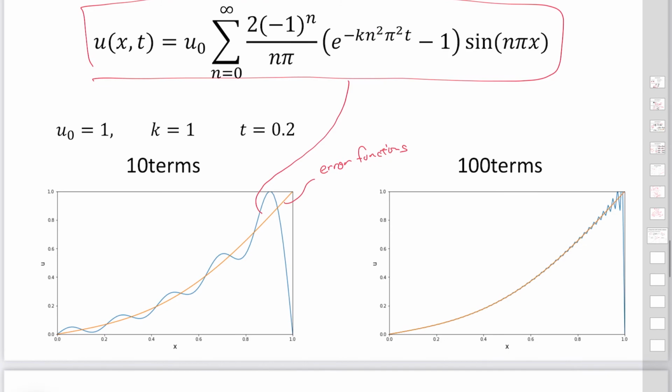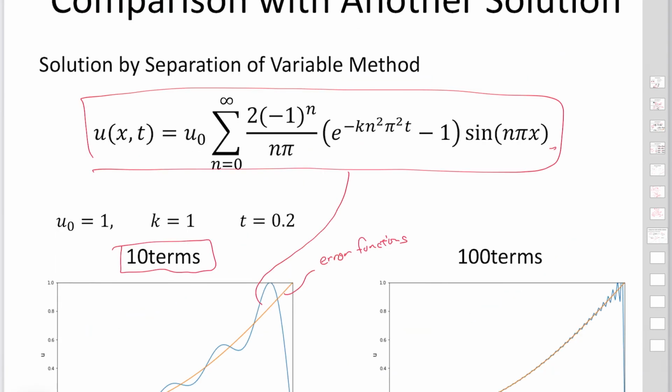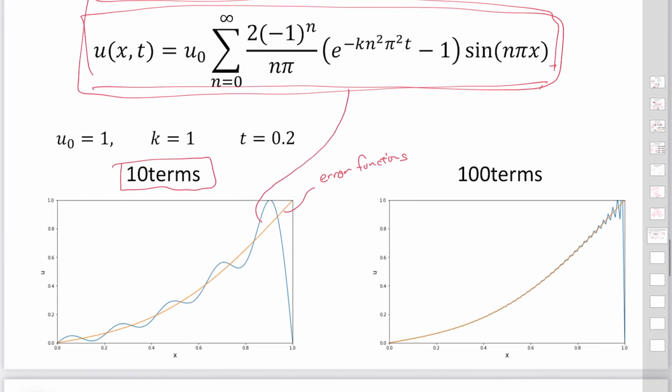The two solutions are very similar, but if we take only a small number of terms, 10 terms, with this method it is a little difficult to show the solutions. It's an oscillating solution. But if we increase the number of terms, the two solutions approach each other very well.